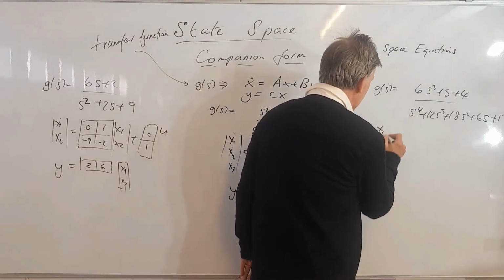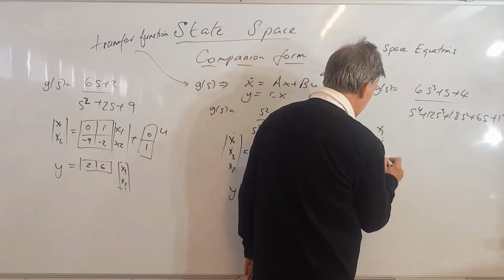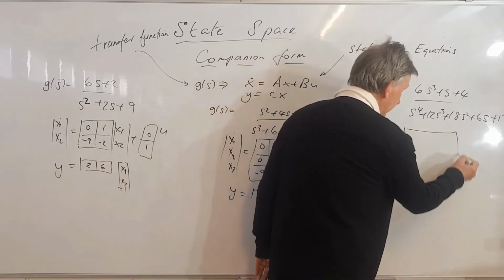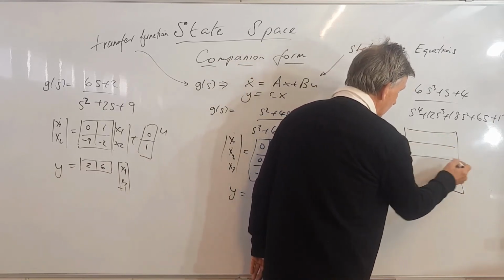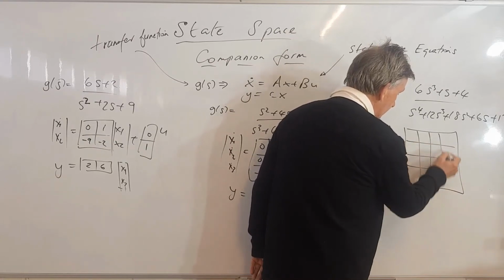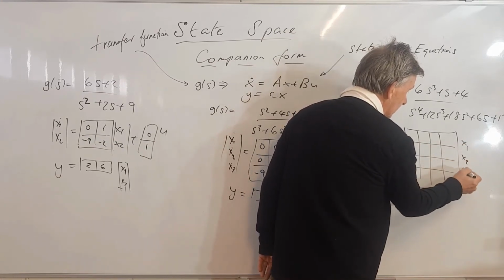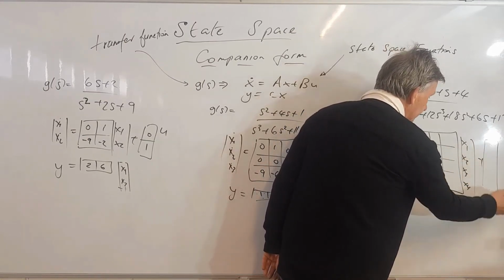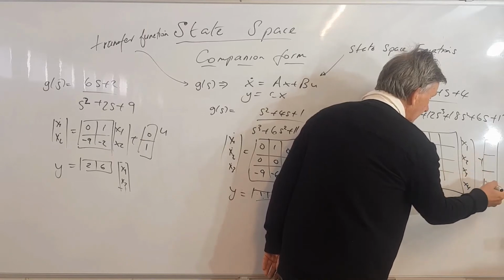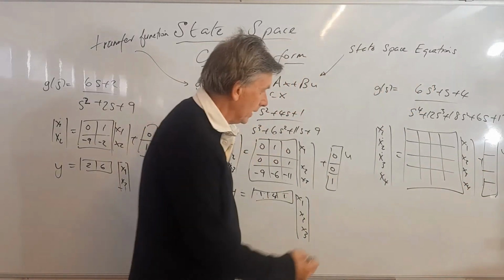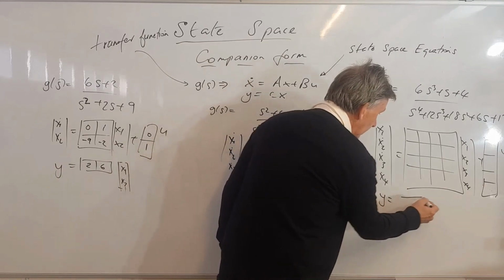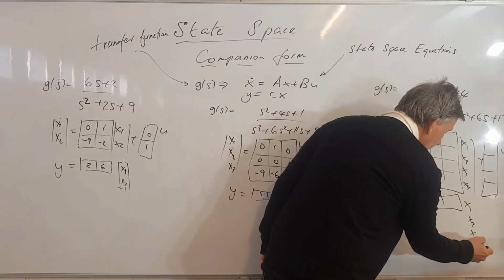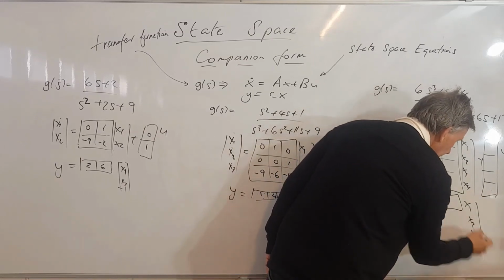So we're going to have x1 dot, x2 dot, x3 dot, x4 dot, and then we'll have a 4 by 4 matrix here, times x1, x2, x3, and x4, plus something times u, and y will be given by a row of 4 numbers times x1, x2, x3, x4.